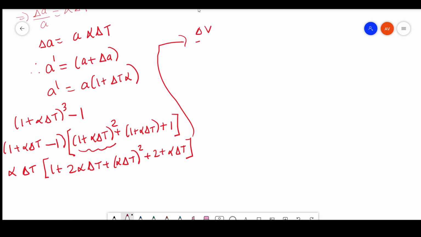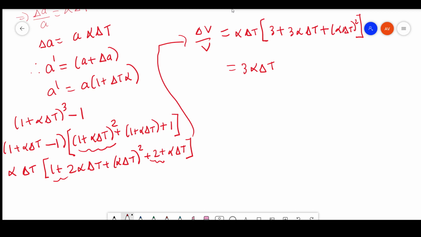So you will get delta V by V equal to alpha delta T into (3 plus 3 alpha delta T plus (alpha delta T) squared). Solving again, you will get 3 alpha delta T plus 3 (alpha delta T) squared plus (alpha delta T) cubed.